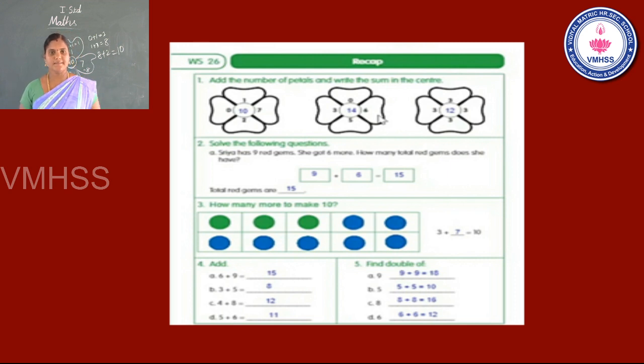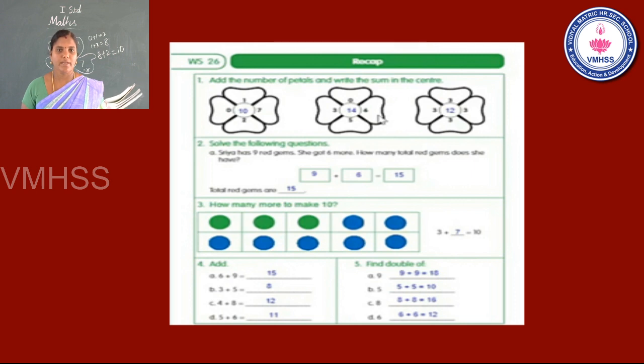Okay students, now see number 3. How many more to make 10? First, count the green dots: 1, 2, 3. 3 dots are already there.